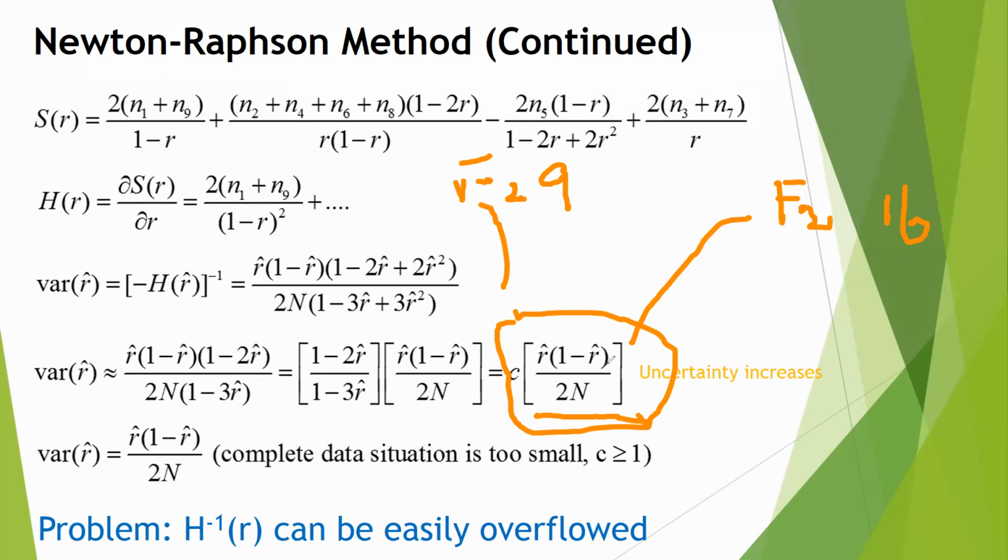So this variance must be greater than this. The uncertainty associated with this is larger than this uncertainty. So the variance of the R estimated from the 9 categories must be higher than the uncertainty associated with the estimation from the 16 categories. So yeah, this is the cost of having the missing data.